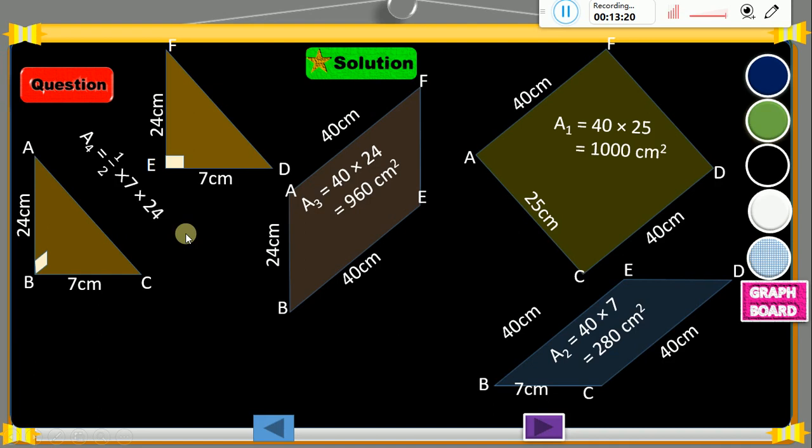The first triangle is given by half times base times height, 84. The second triangle is given by half times base times height, 84. Then the total surface area will be the sum of A1 plus A2 plus A3 plus A4 plus A5.